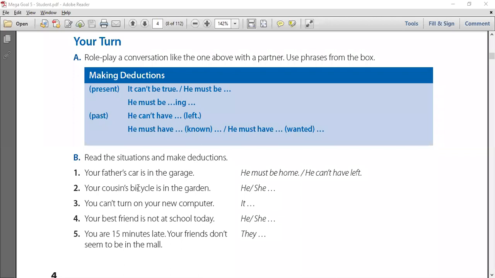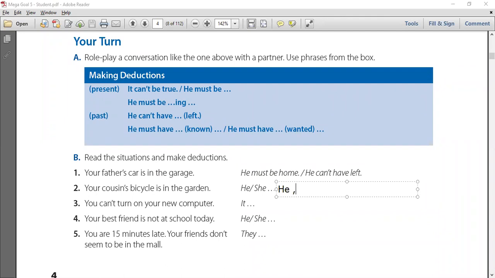Now we have the second situation. Your cousin's bicycle is in the garden. What are you going to assume by that? His bicycle is in the garden, so he must be what? He must be home, or he must be at the garden.